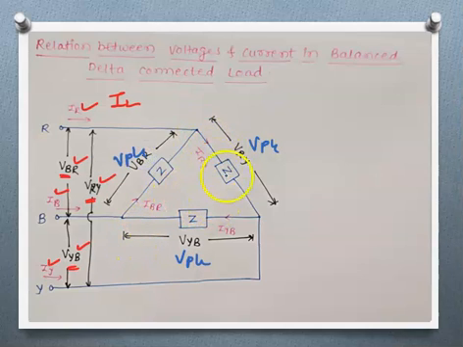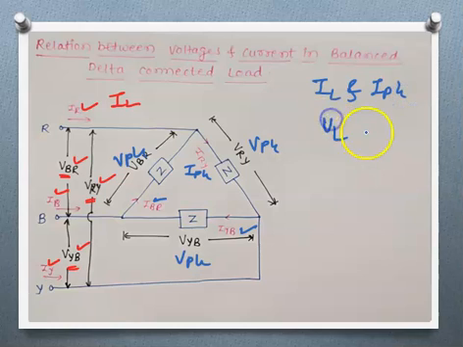And the current flowing through each branch, each phase or each winding is called the phase current. So IRY, IYB and IBR are phase currents. Now observe here, we want the relation between IL and IPH, and VL and VPH.